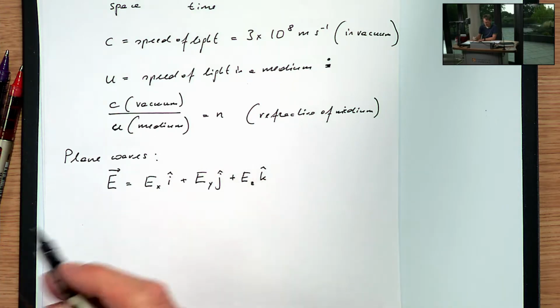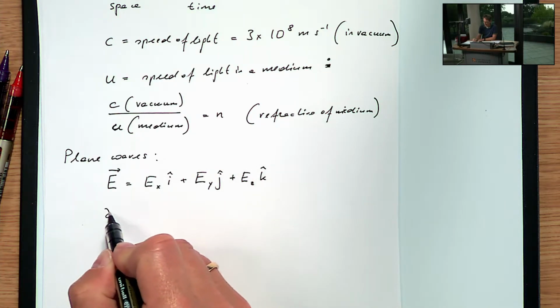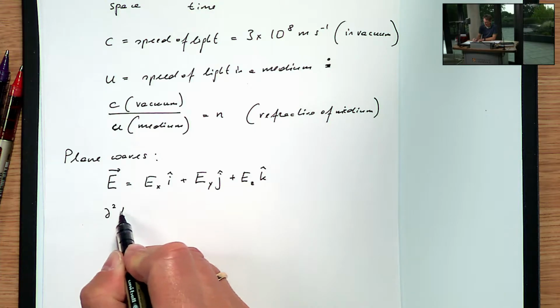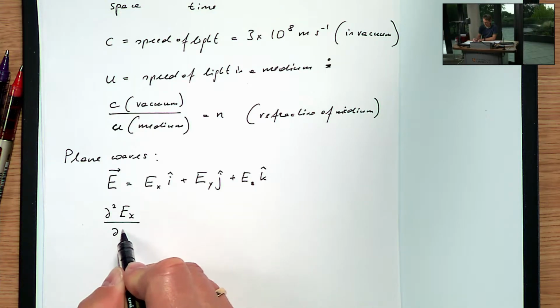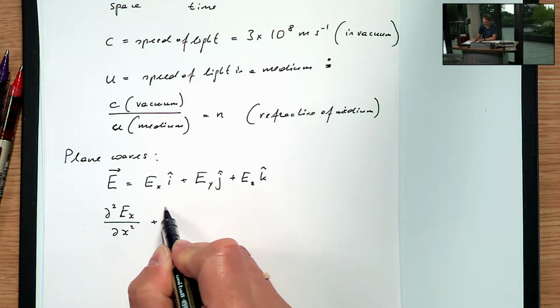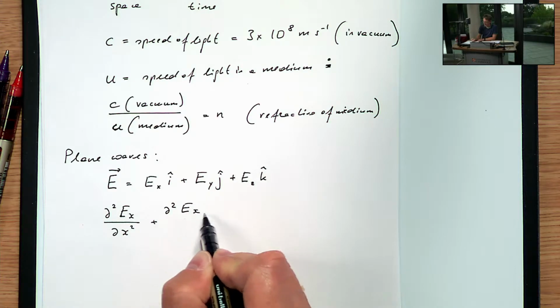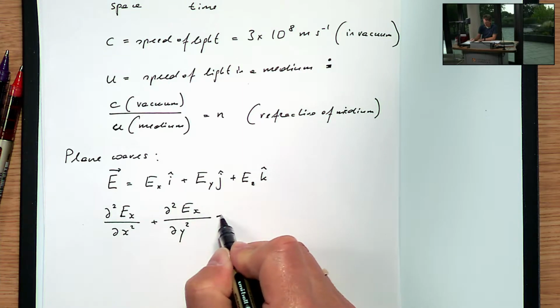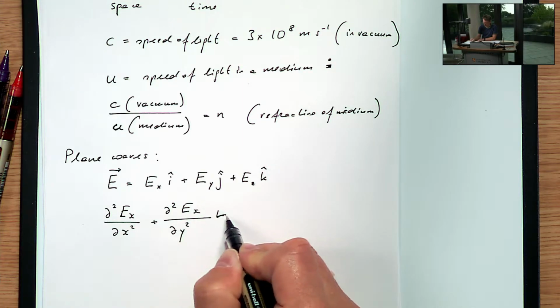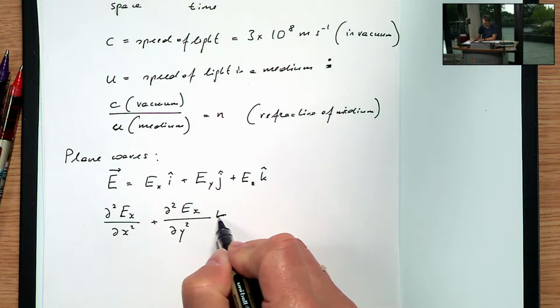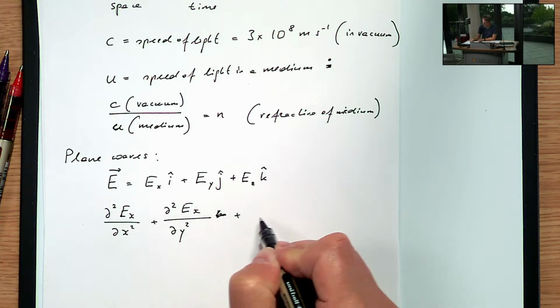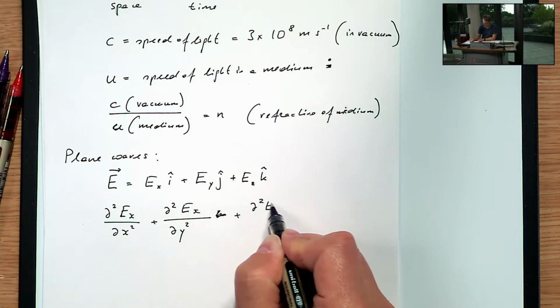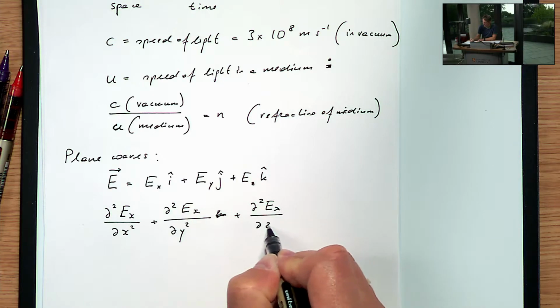So let's write this for the x component. You might have d squared Ex by dx squared plus d squared Ex, so this is still the same component, but now in the y direction, plus d squared Ex by dz squared.